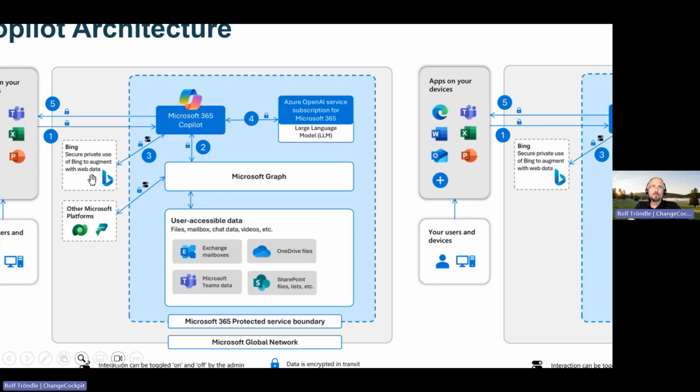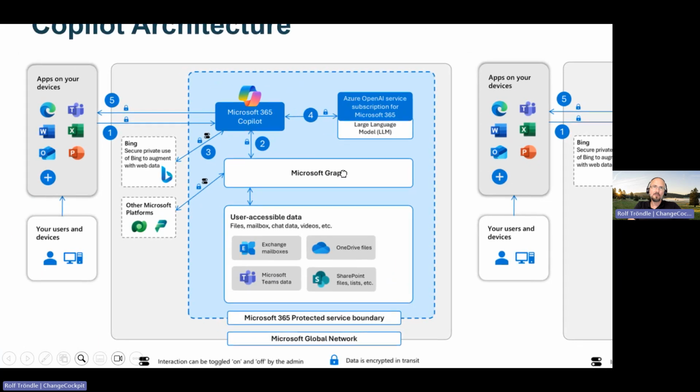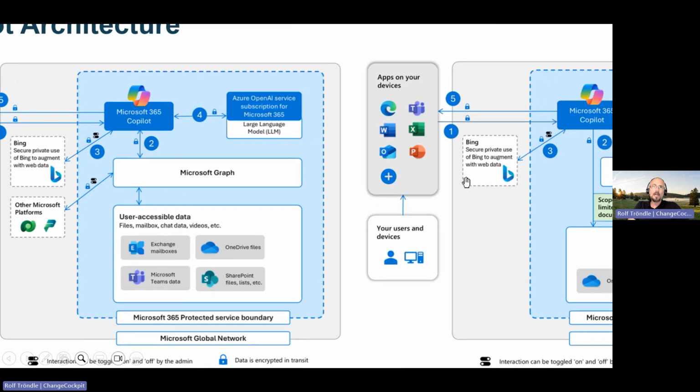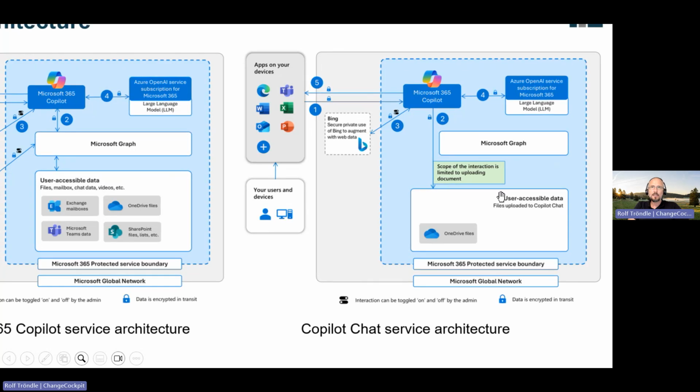And if needed, Bing is still in the Microsoft global network, but not anymore in your Microsoft 365 tenant boundary. The difference between the licensed and the unlicensed part is that it just bypasses graph, because graph is your whole search index, and non-licensed users don't have access to your work content. That's why they bypass the graph part.